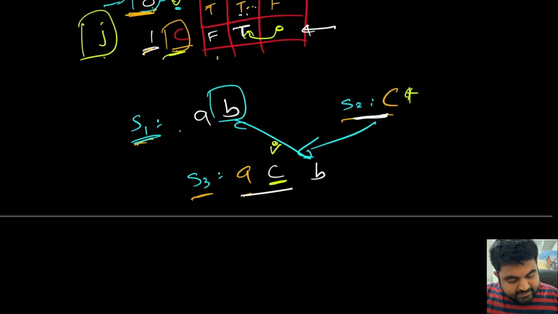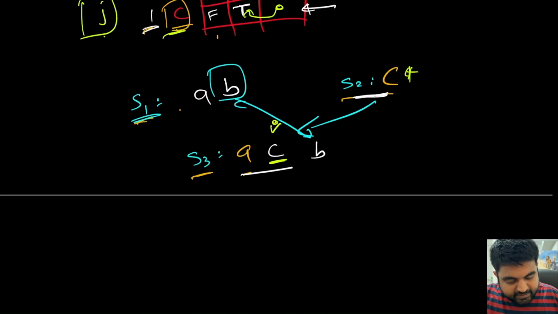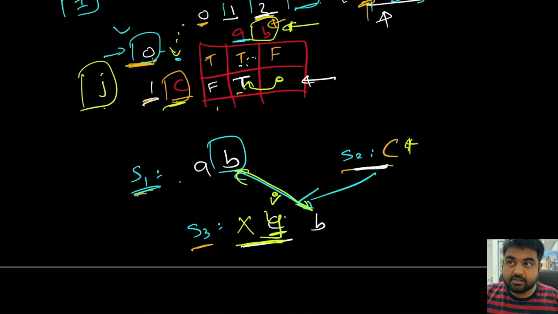Why? Because let's say, once again repeating the same example, that this S3, instead of being ACB, was once again XCB or XYB, something like this, then even if this B matches, the previous values did not match. So this value must have been false, and we would have to mark this false.